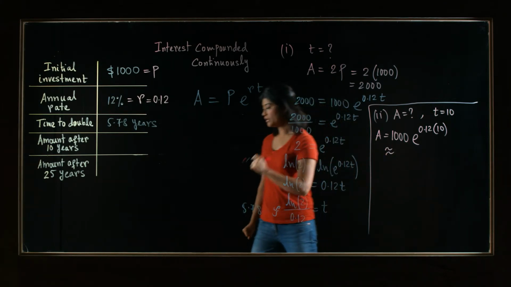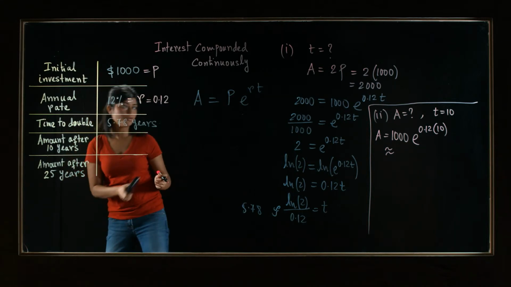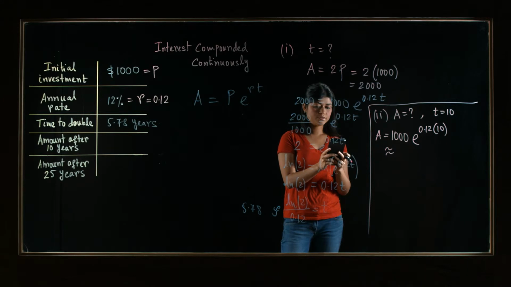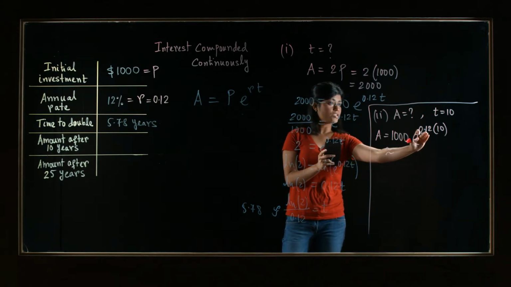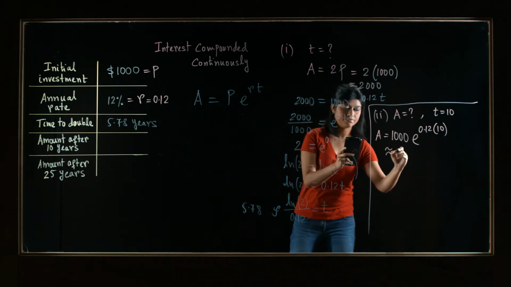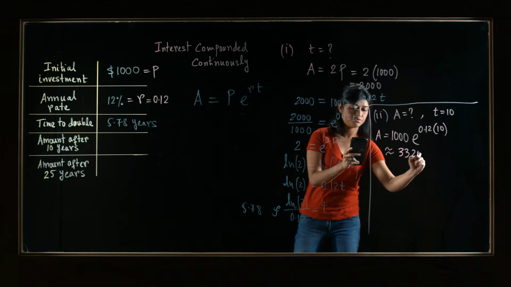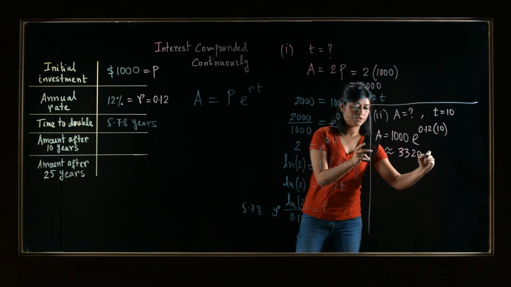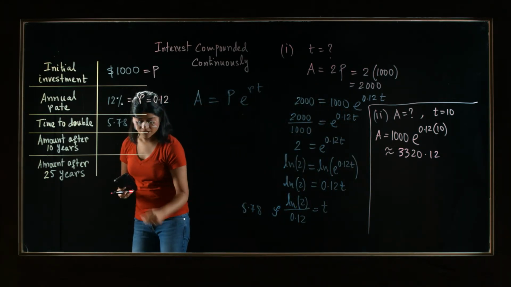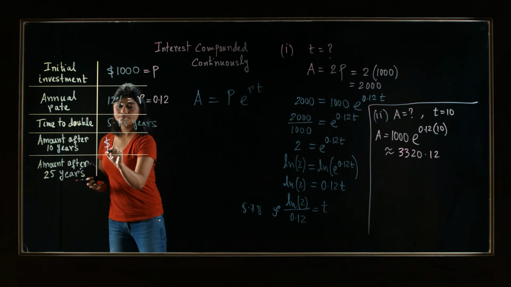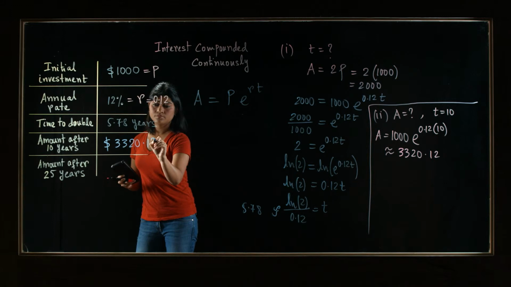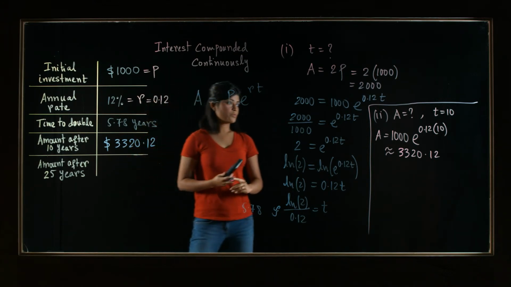Let's use our calculator one more time. So 1000 e to the power, 0.12 times 10 is 1.2, so you can use that, and we have about 3320.12. So the amount after 10 years will be this much.